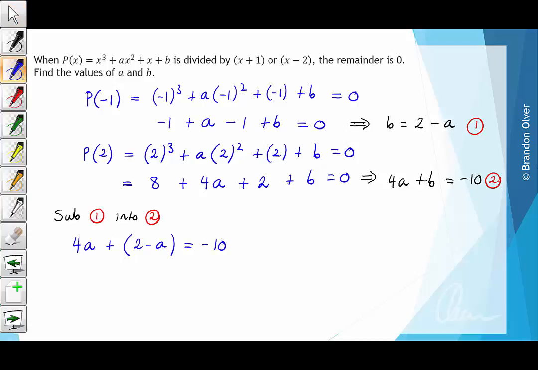So all up, 4a minus a is going to be 3a plus 2 equals -10. Subtracting 2 from both sides gives 3a is equal to -12. And dividing by 3 gives a is equal to -4.